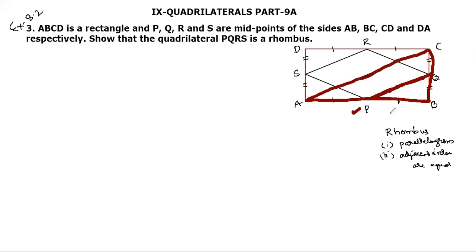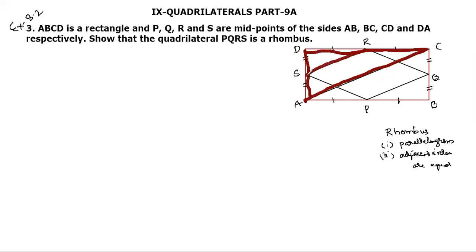Similarly, next we will take this other triangle, and this line is joining the midpoints, so this will be parallel and equal to half of it. When one pair of sides is parallel and equal, then it will become a parallelogram.